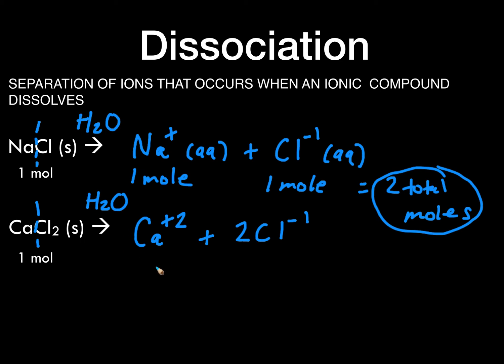Since I have a coefficient of 1, I have 1 mole of Ca plus 2, and since a coefficient of 2 for Cl minus, I'll have 2 moles of Cl minus 1. So a total of 3 moles of product.